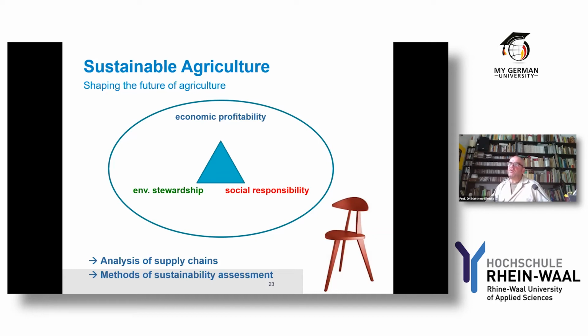Probably you have heard about sustainability and the triangle you see in the middle with economic, social, and environmental responsibility, which are the three basics of sustainable development. We always try to show this wonderful chair there. If a chair had three legs and you take one away, then it does not work anymore. And this is what we believe is very important in agriculture as well.